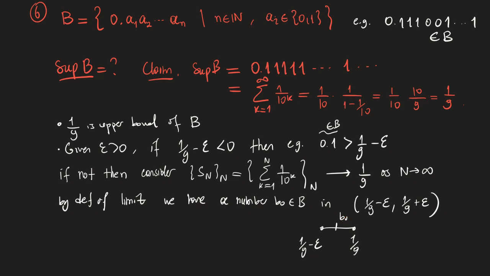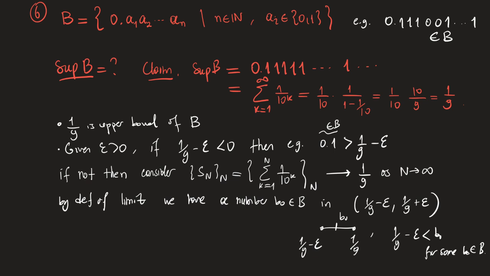So this proves the second case of my definition of being a supremum. That's why the proof is finished. Let me finish like this: 1 over 9 minus epsilon is less than B0 for some B0 in the set. Okay, that finishes my proof.